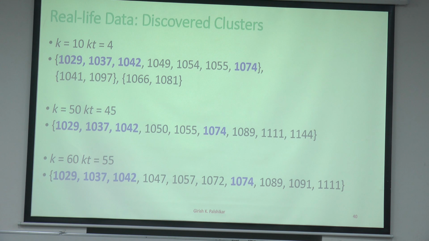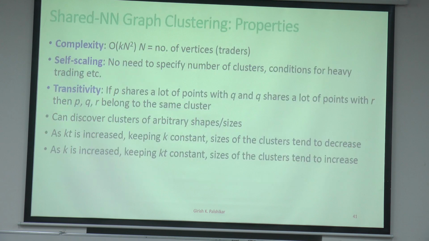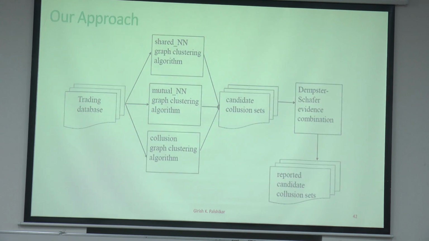So what we did was we analyzed. I'll forget about the complexity and all that, but you can look at it. It's a very efficient algorithm. So we use many different algorithms, as you can see in these 3 boxes for algorithm, and each one gave us a set of collusion sets, which we call candidate collusion sets.